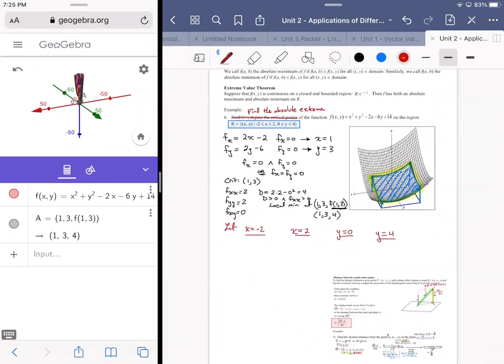But then we can start mixing and matching and say, let x equal -2 and y equal 0. Let x equal -2 and y equal 4. Let x equal 2 and y equal 0. And let x equal 2 and y equal 4.